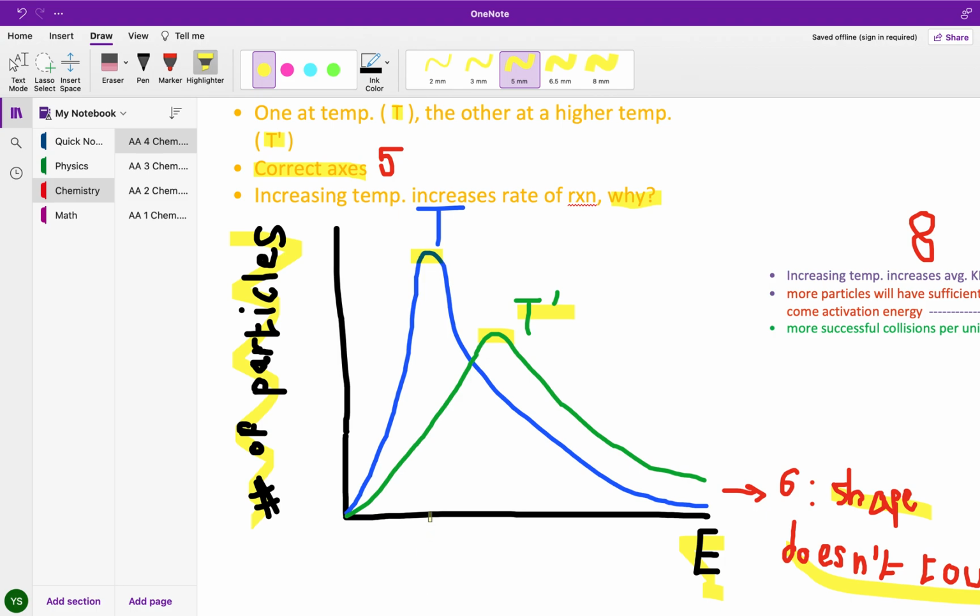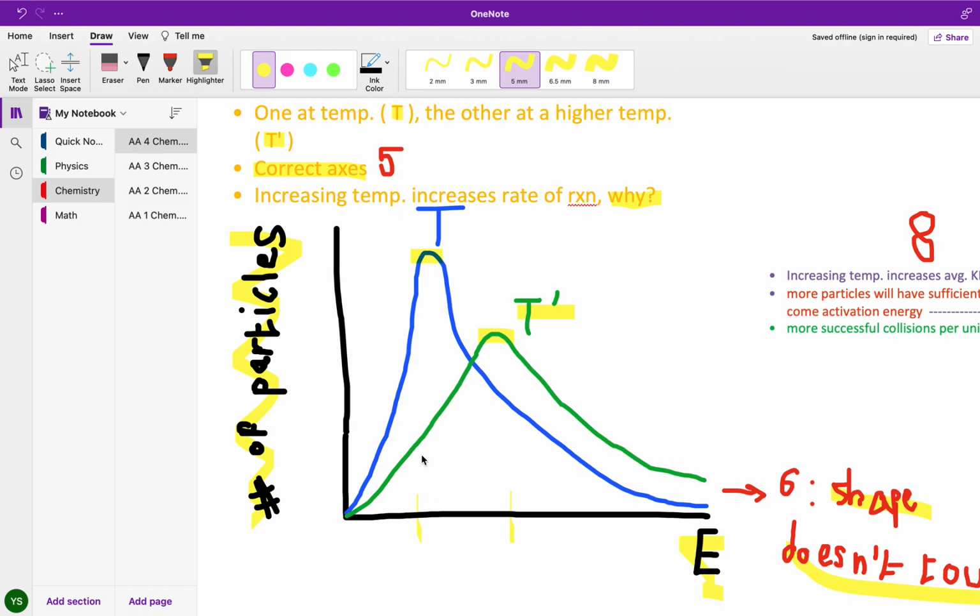Why is that? Because right here we see that at this value of the kinetic energy, a high number of particles have this value of kinetic energy. However, since the temperature increases, the value of the energy where the most particles are found increases to a higher value of energy.